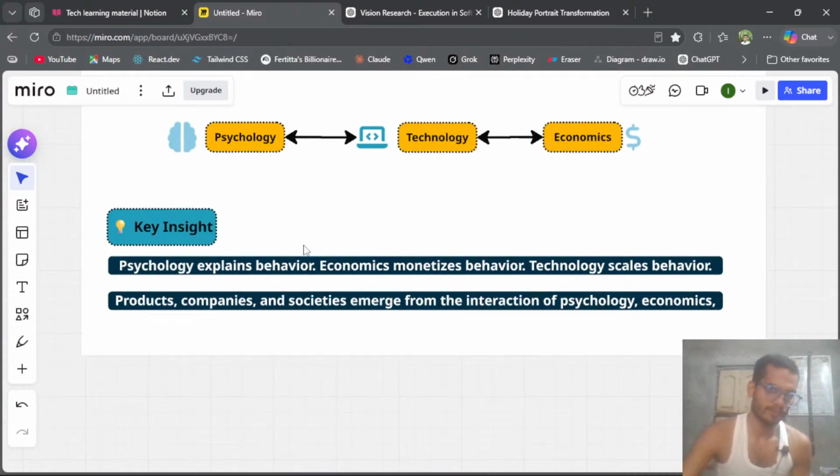The key insight from this paradigm: psychology explains behavior, economics monetizes behavior, and technology scales behavior. It seems easy, but guys, to be honest, once you understand the details, then you understand why the world acts the way it does. This is the mechanism, and product companies or societies emerge from the interaction of psychology and economics.